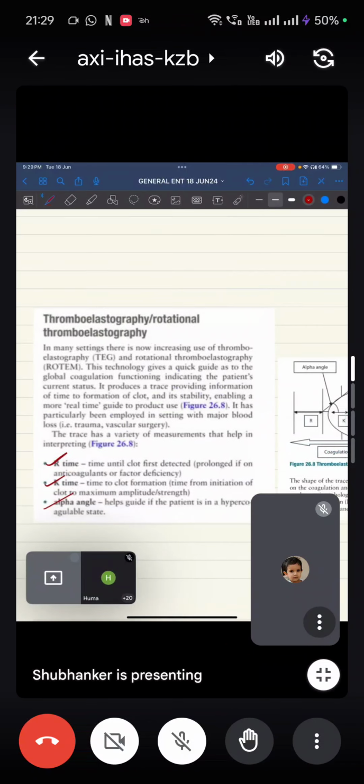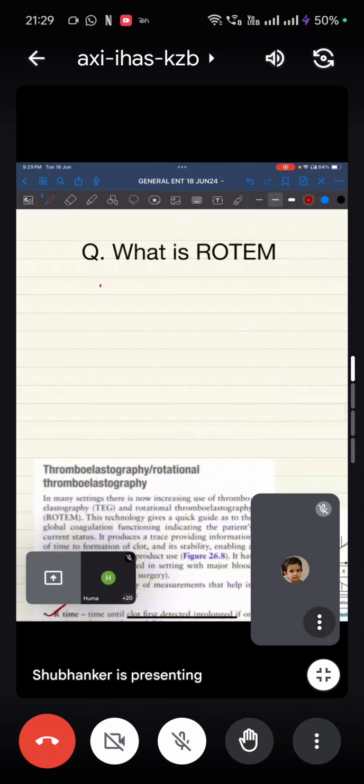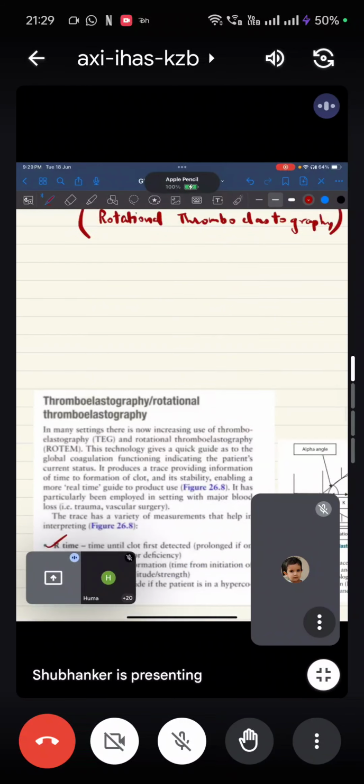So ROTEM stands for rotational thromboelastography.